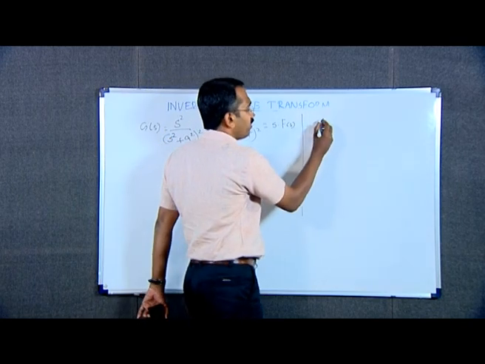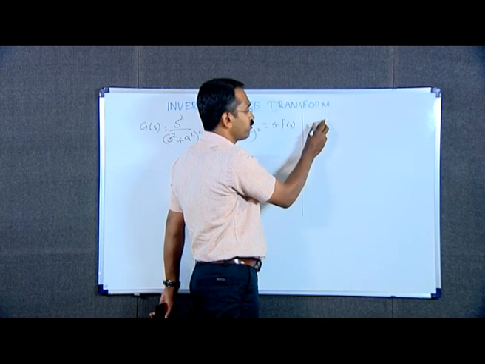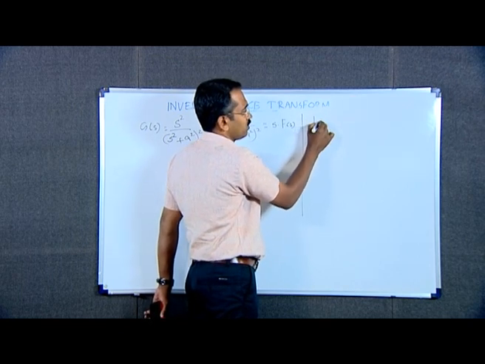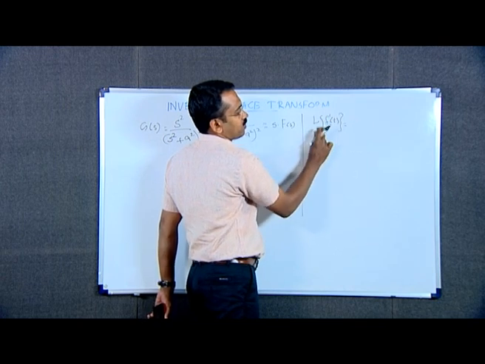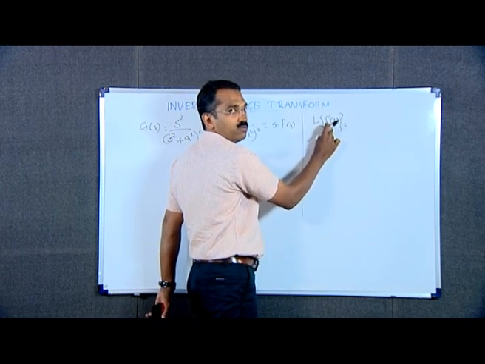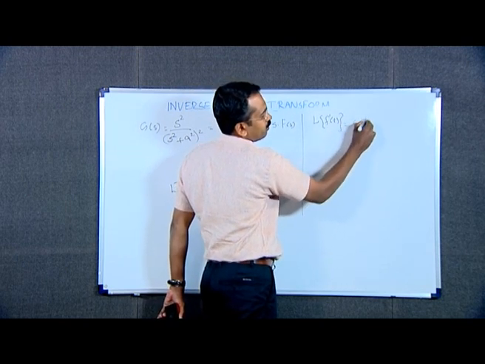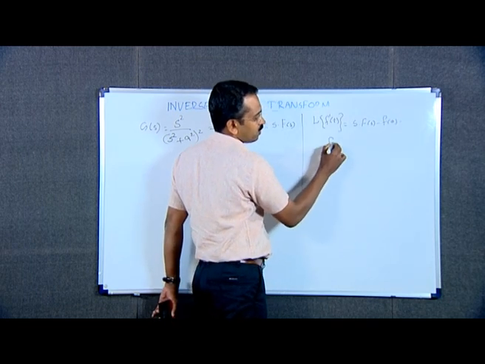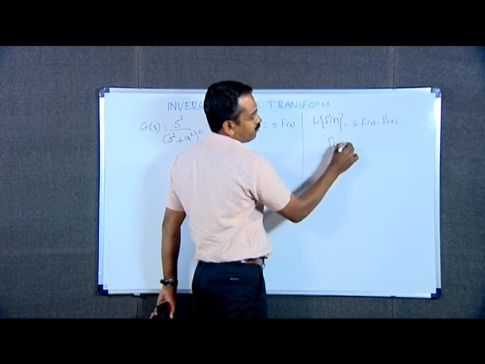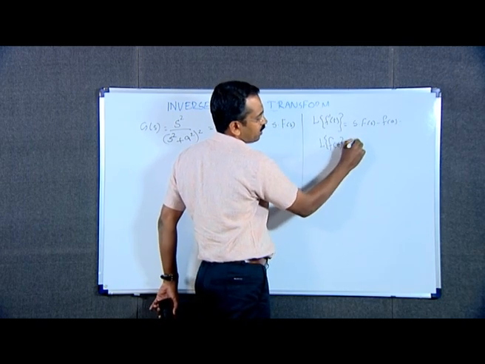Now we have the property of Laplace transform, the transform of derivatives: Laplace transform of f dash of t, the derivative of f, is equal to s into F of s minus f of 0, where Laplace transform of f of t is equal to F of s.